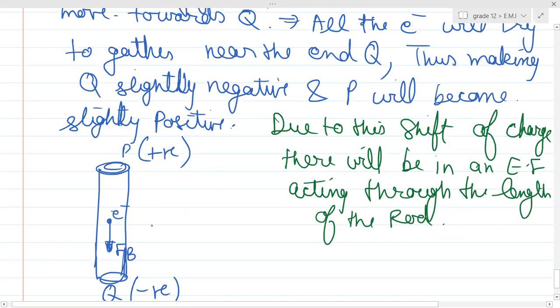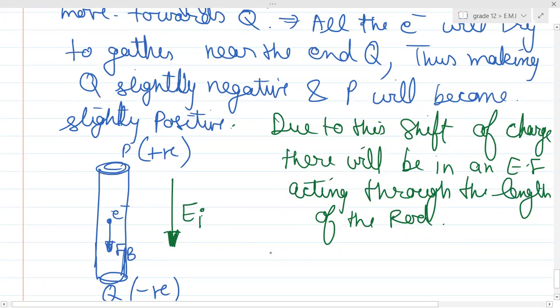Will it be from P to Q or will it be from Q to P? Will this be the direction of the electric field? And can I say this is the induced electric field in this case? So the electric field is induced now.